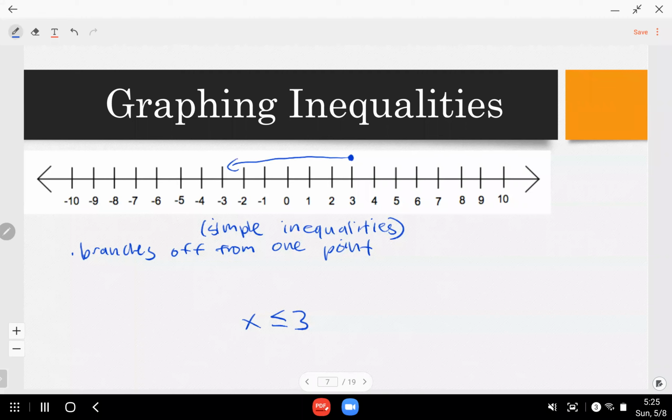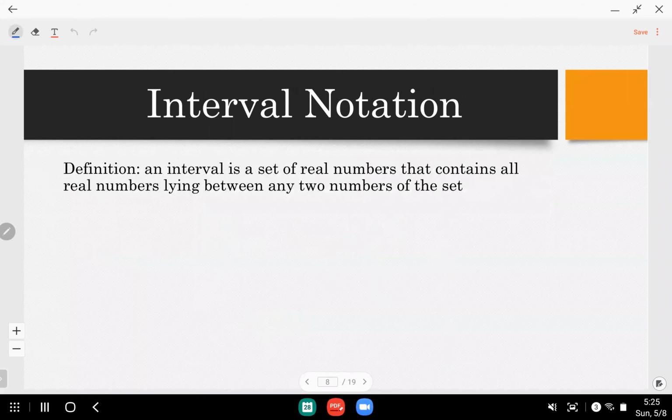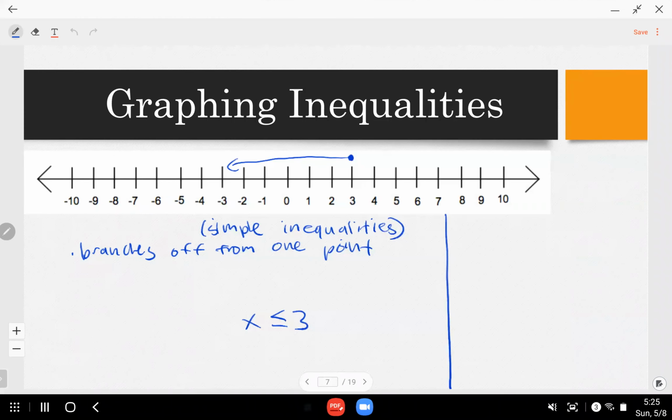So it's quite easy to do these simple inequalities. Then we have some key points as well. Of course, we have our types of circles.